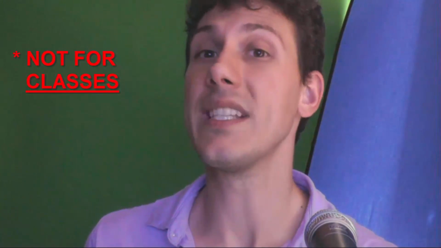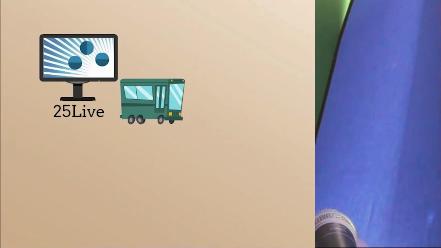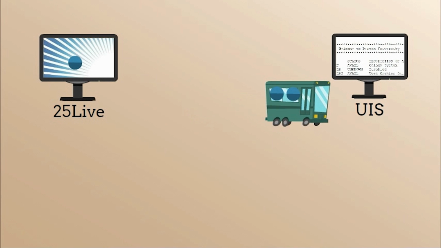I mentioned before about not using this tip when you're assigning classroom locations. And here's the reason why. It's basically that if you did this for a classroom, for a class, UIS would not be able to recognize it. So remember that awesome little graphic in the training where the information moves from UIS to 25 Live and from 25 Live back to UIS.